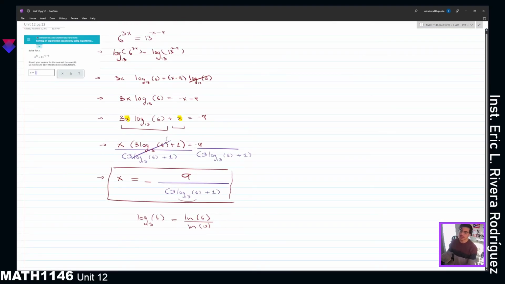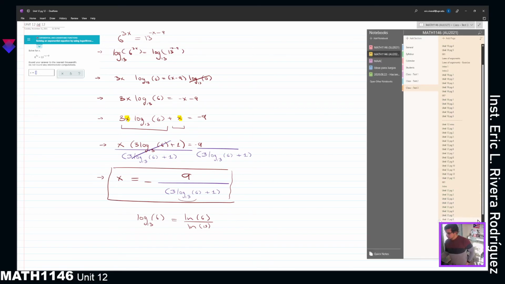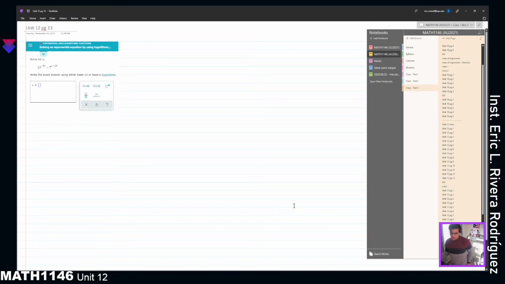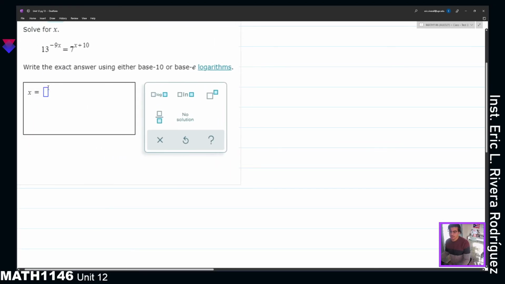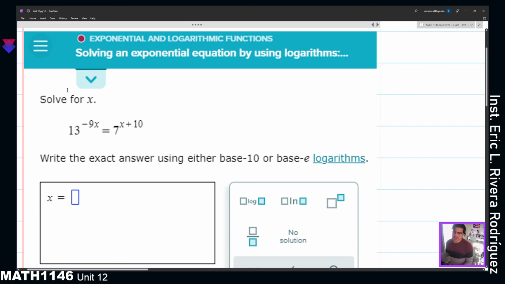This is the written work of that exercise. So for this one, you're going to do the same. You're going to select the method that you want to use.